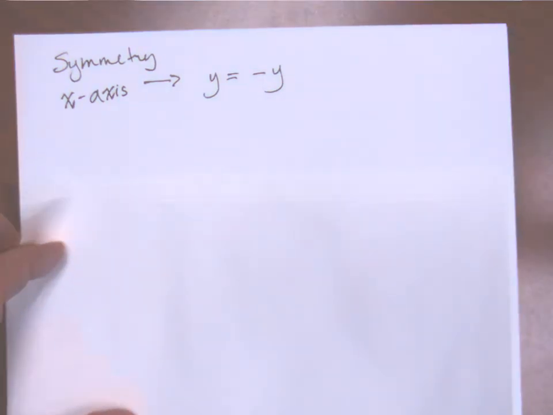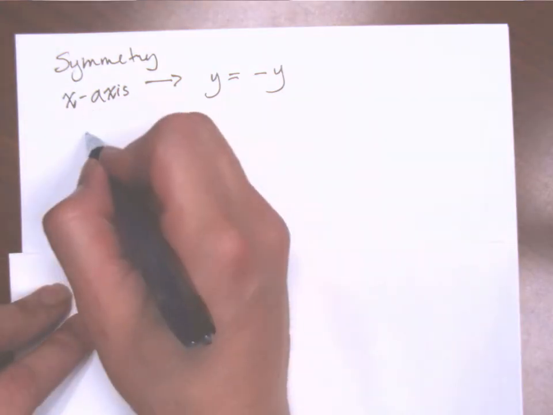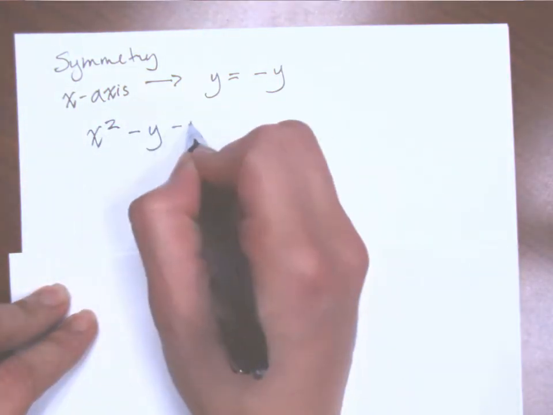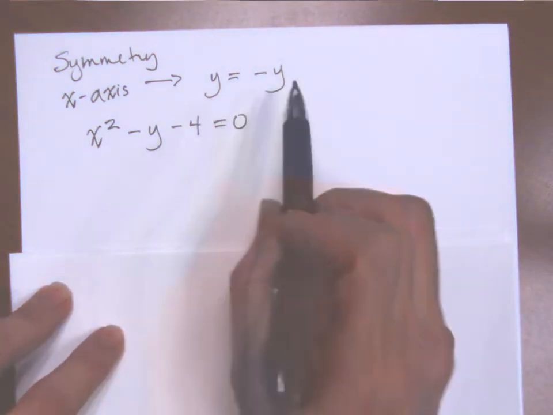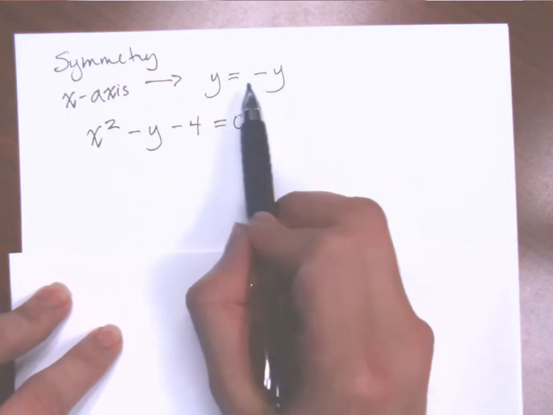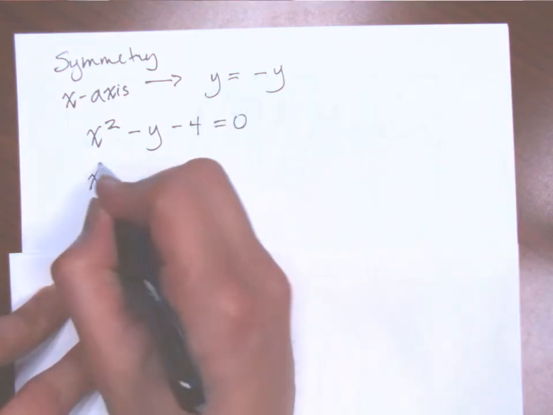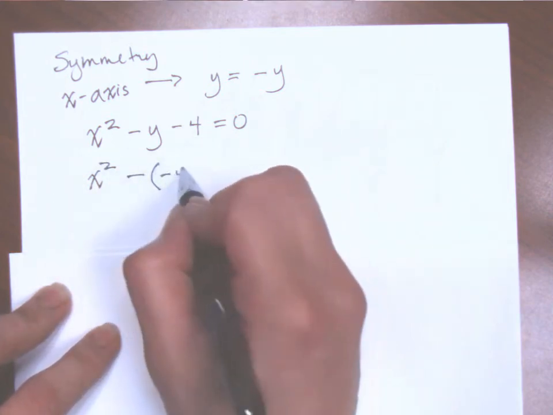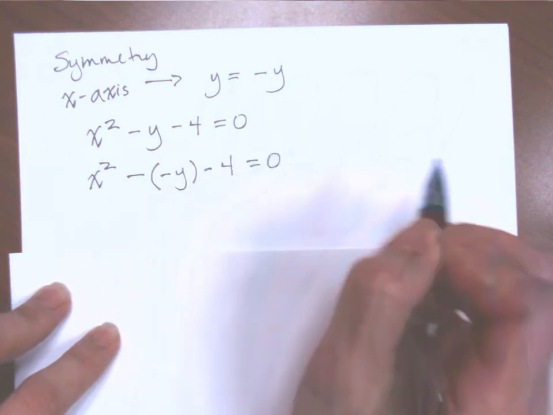That sounds a little odd, so let's look at it. My equation, remember, is x squared minus y minus 4 equals 0. So to plug in a negative y for y, I'm going to have x squared minus, in parentheses, minus y, minus 4 equals 0.